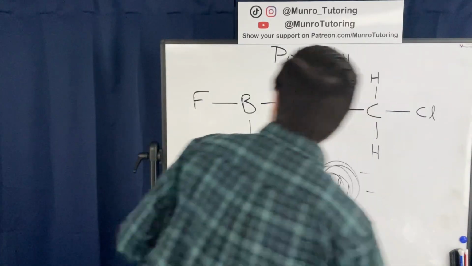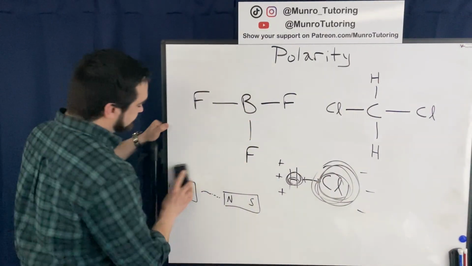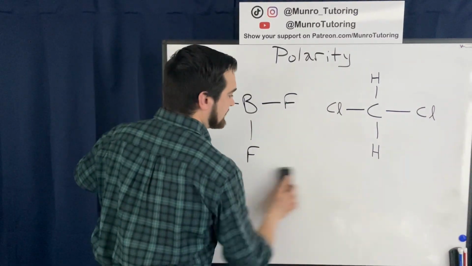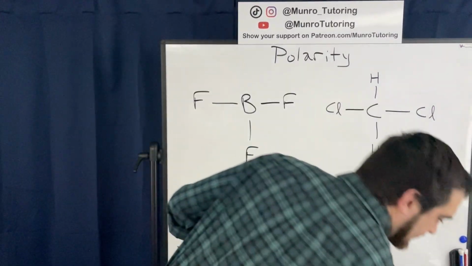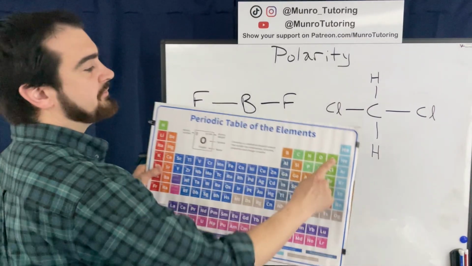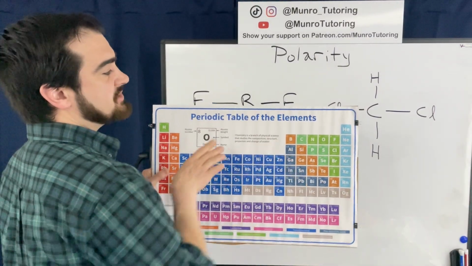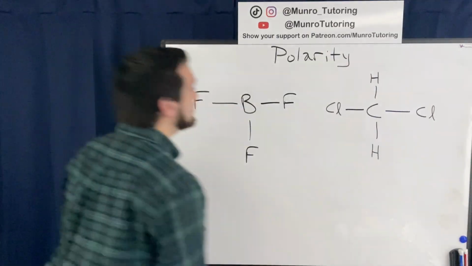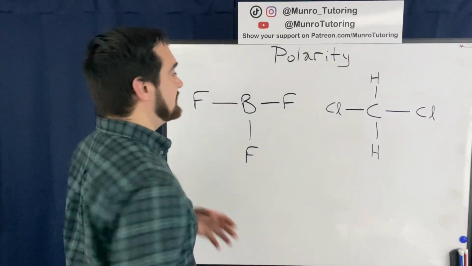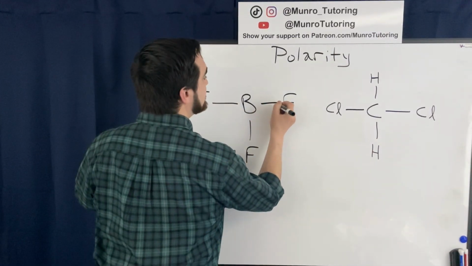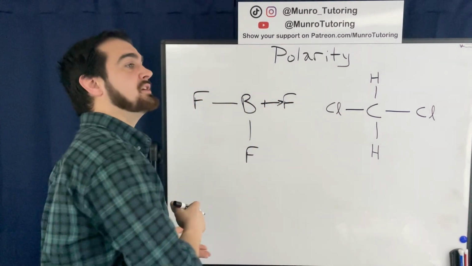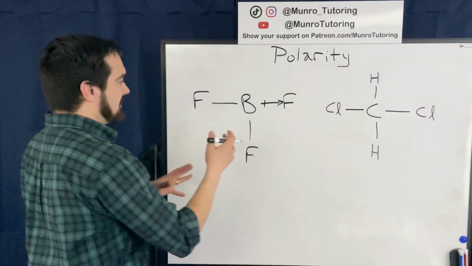If we take a look at this boron trifluoride, we know that the fluorines are more electronegative than the boron. And again, if you look at our periodic table, fluorine's here, boron is there. So to the right is going to be more electronegative. And so if we draw the bond dipoles, we're going to be pointing towards the fluorines, which means that the electrons in the bond are more attracted to the fluorine than they are to the boron.